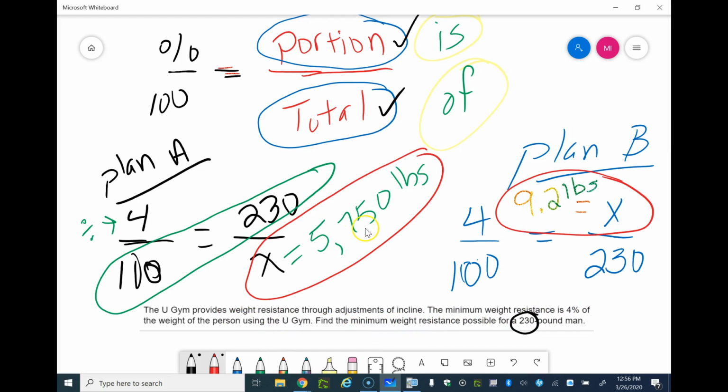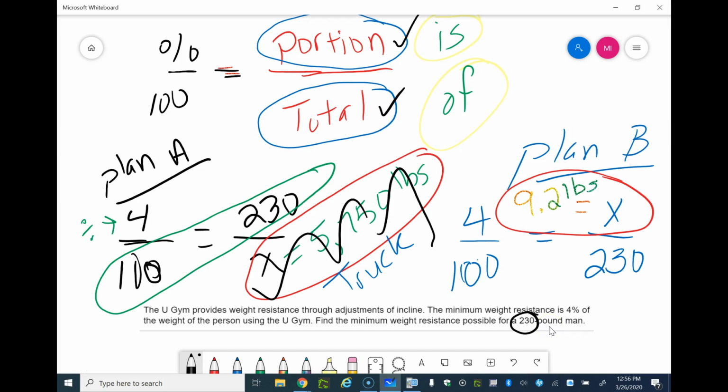Well, 5,750, if you equate that, is the same thing as trying to lift a truck. I don't think anybody can bench press a truck, so this answer really doesn't make any sense. 9.2 seems like more of a minimum weight resistance at 4% for a 230-pound man.